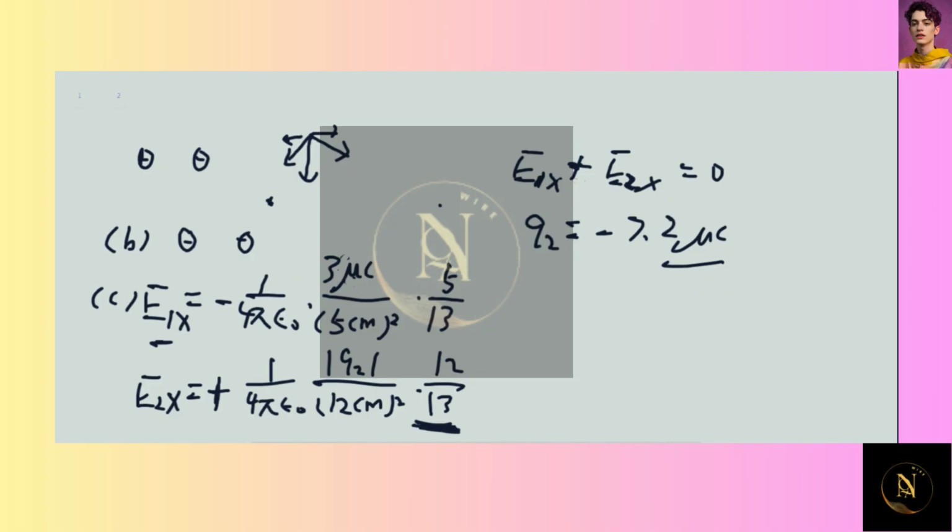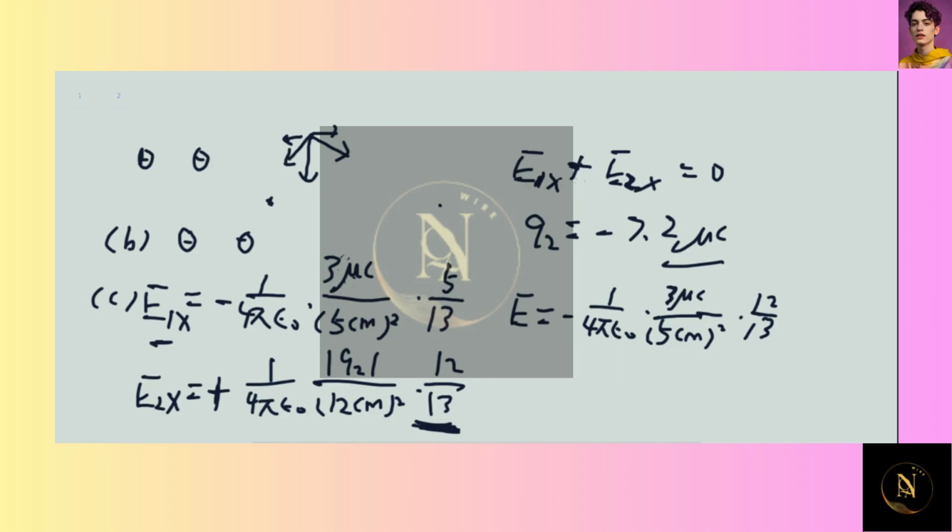And then we can try to figure out the magnitude of the electric field at point P. Because in this case, we just look at the Y component, this becomes negative 1 over 4 pi epsilon naught times 3 microcoulombs divided by 5 centimeters squared and times 12 over 13.